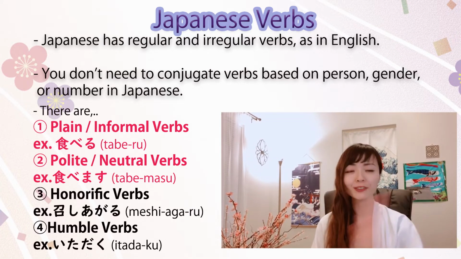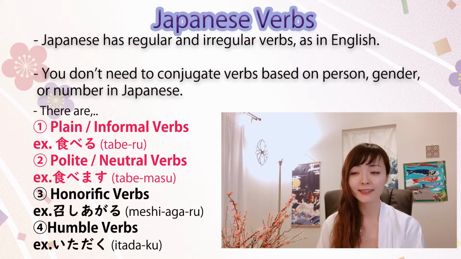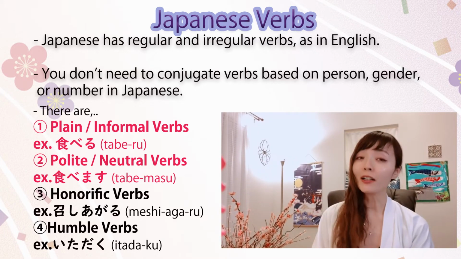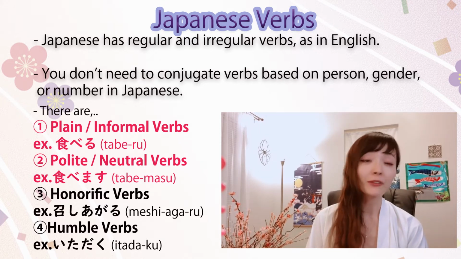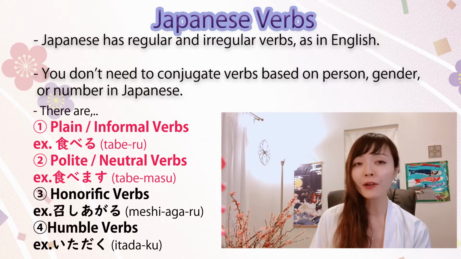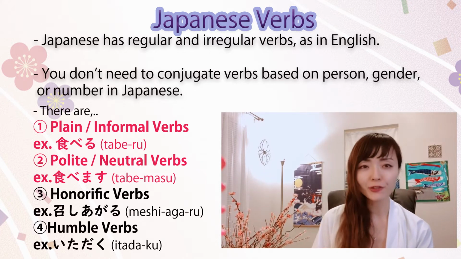Number 4. Humble verbs. いただく as to eat. Number 1 and number 2 are most common, but for number 3 and 4, I'll make videos focusing on them in the future because they have their own rules.